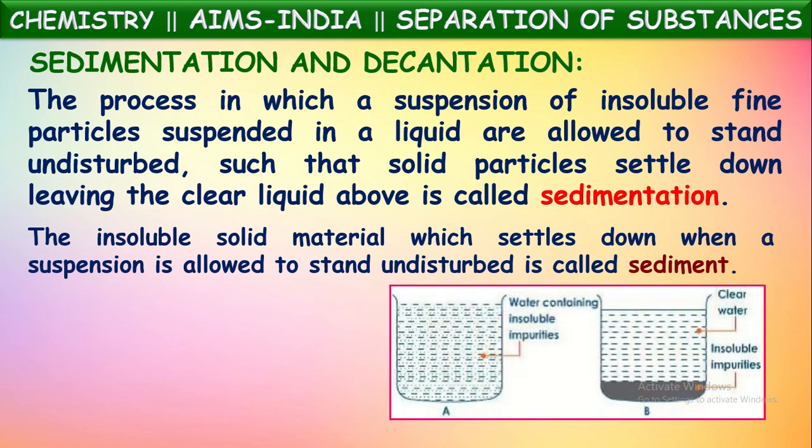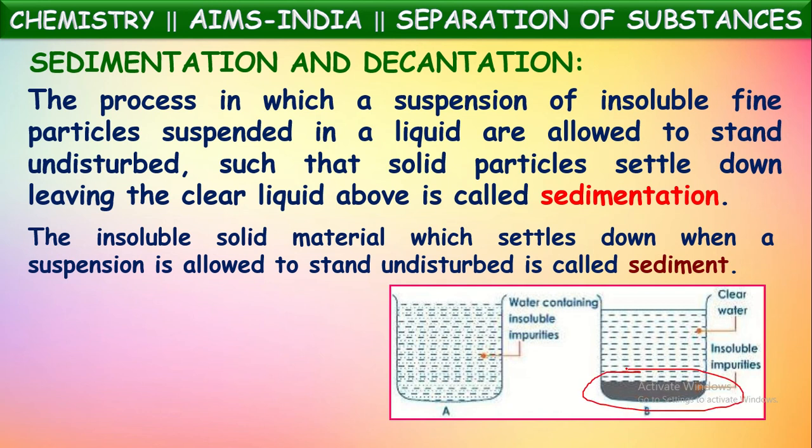Say like this. There is a mixture of a liquid and insoluble solid substances suspended in it. If you allow the mixture to stand for a certain time without disturbing, what happens? All the solid particles present in it will slowly settle down like this.